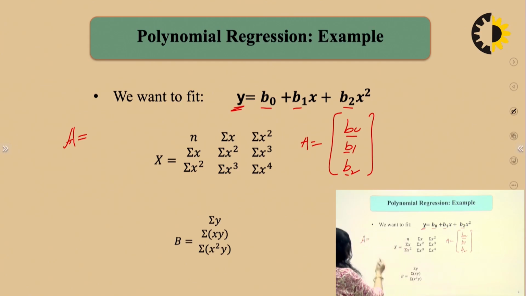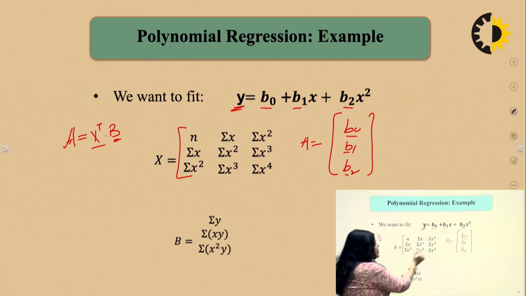To find out this matrix A, I need to use this equation, which is X transpose multiplied by B. Now, how to create this X matrix and this B matrix? So we are going to create it like this.